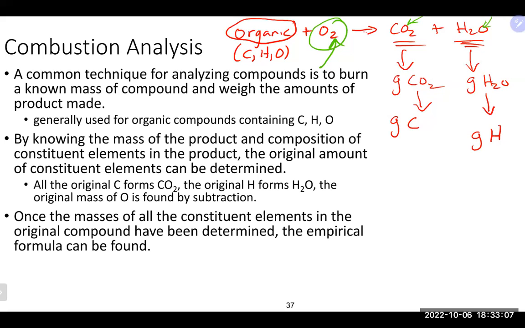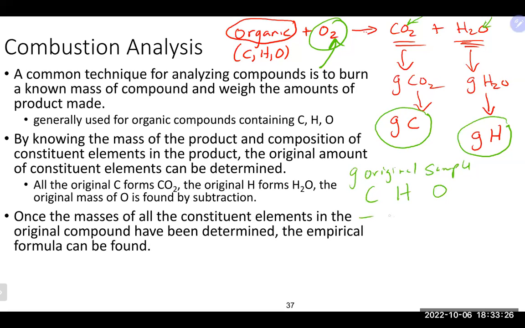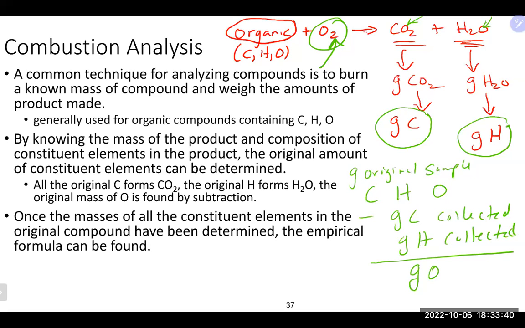But once we calculate how many grams of carbon and how many grams of hydrogen there were, we can take the grams of the original sample, which had carbon, hydrogen, and oxygen, and subtract out the grams of carbon and the grams of hydrogen.